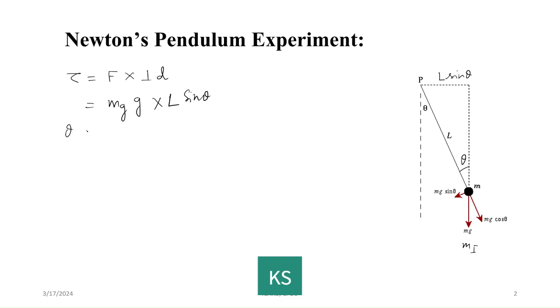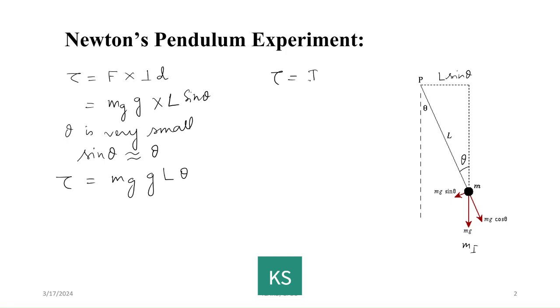As theta is very small, sin theta is theta. Therefore tau becomes mg g L theta. Again we know tau equals moment of inertia multiplied by angular acceleration.